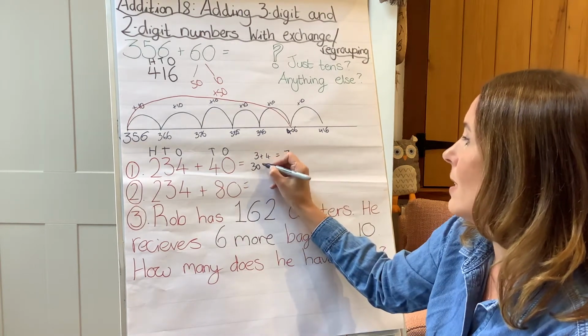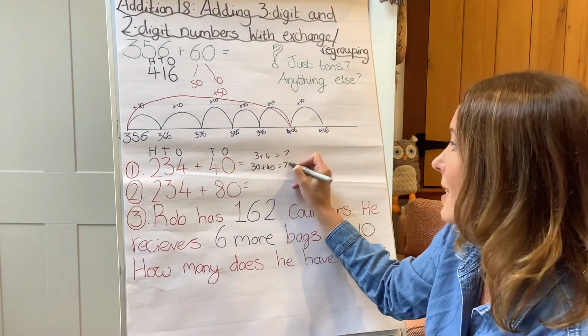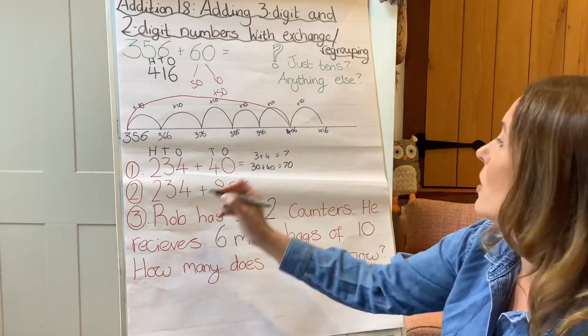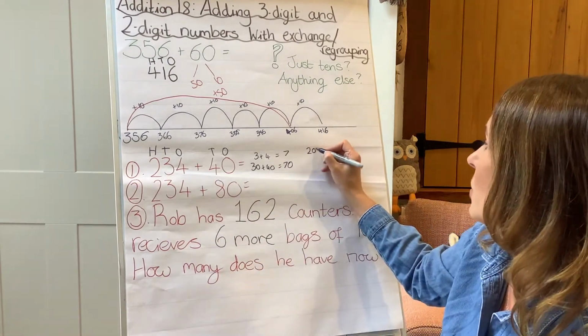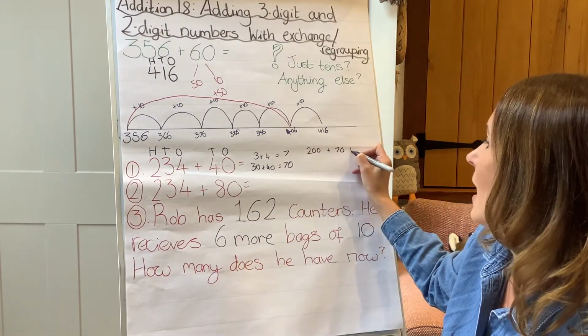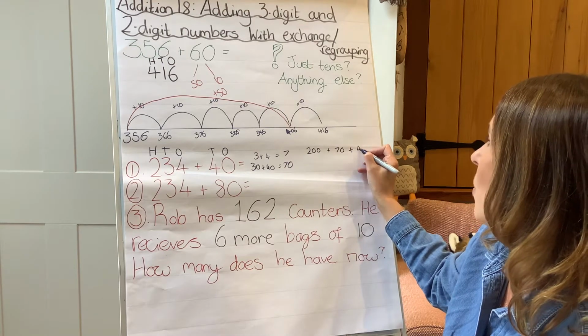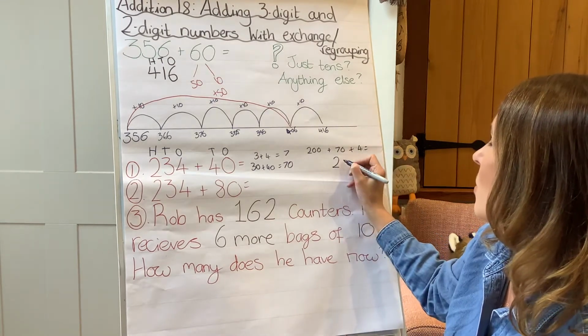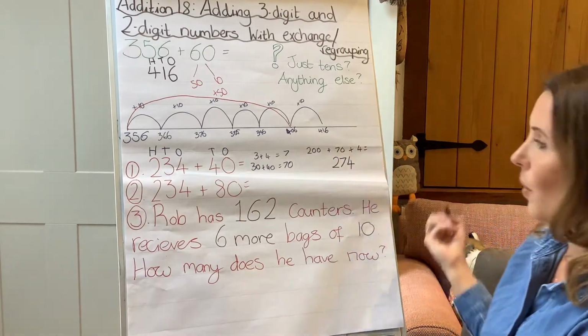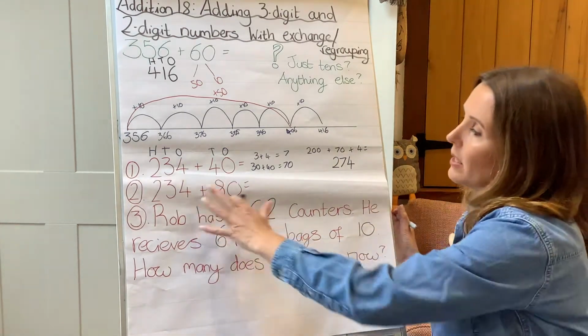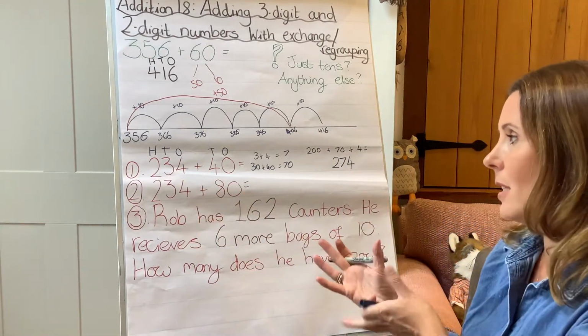I know that 30 and 40 is going to be equal to 70. So then I can do the calculation, 270 and 4 is equal to 274.